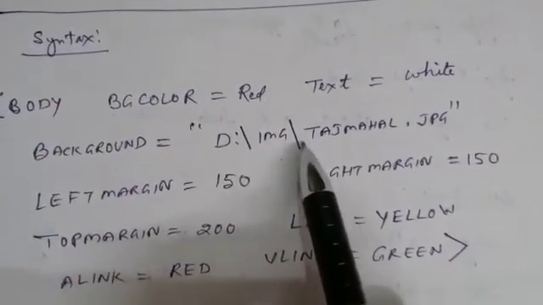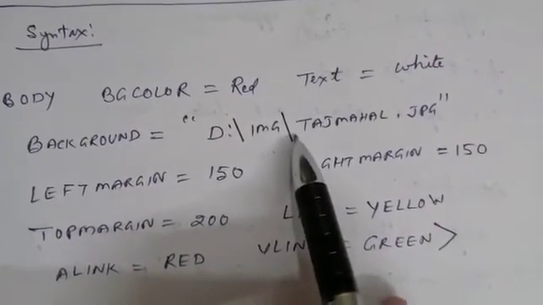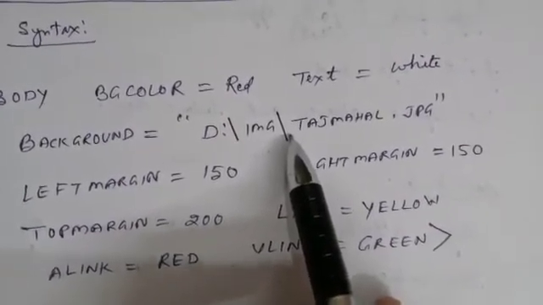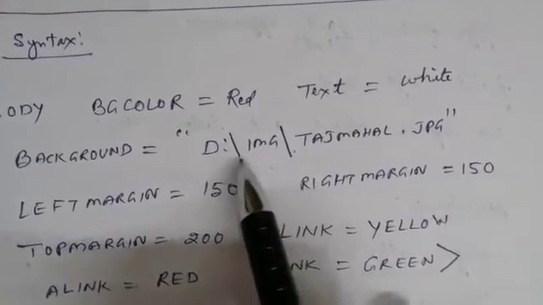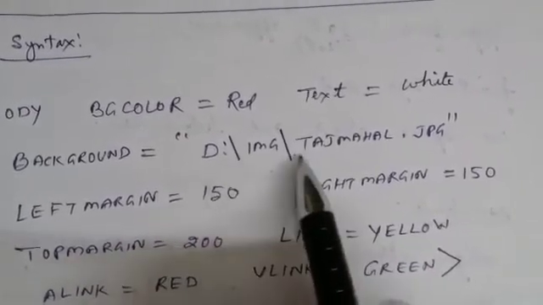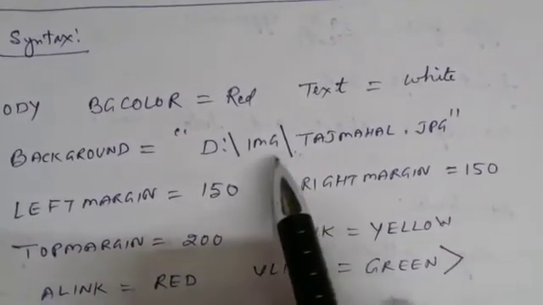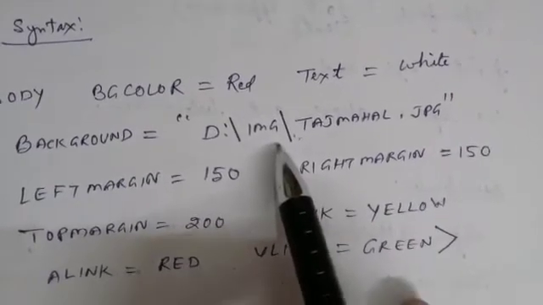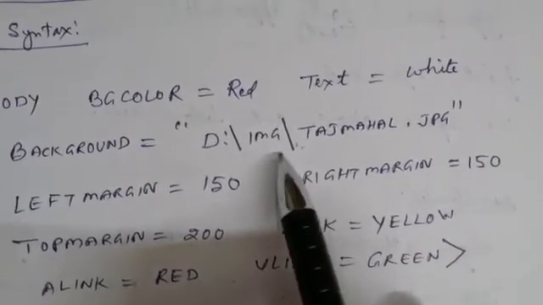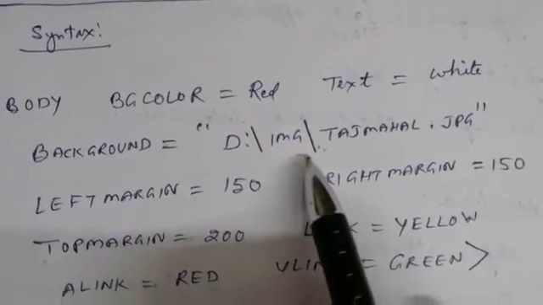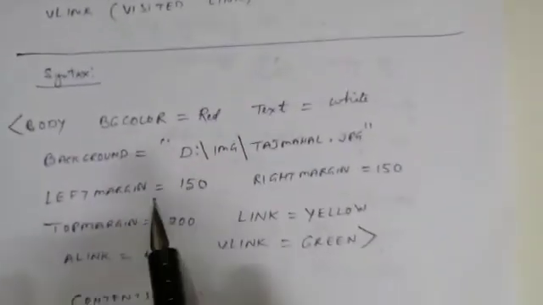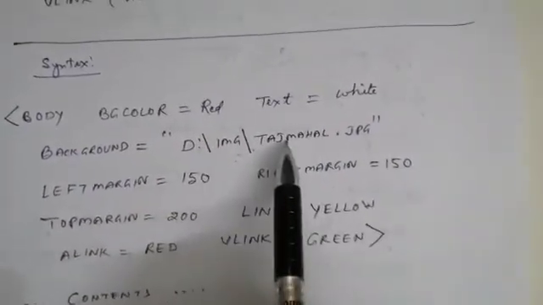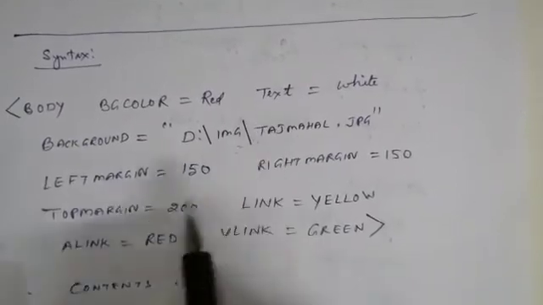As we are working locally, we give a local path. So d:\img is the path which I have given, and you should give the path carefully. Go and see where your image is inside your computer, which hard disk drive it is on, and then give the path likewise.